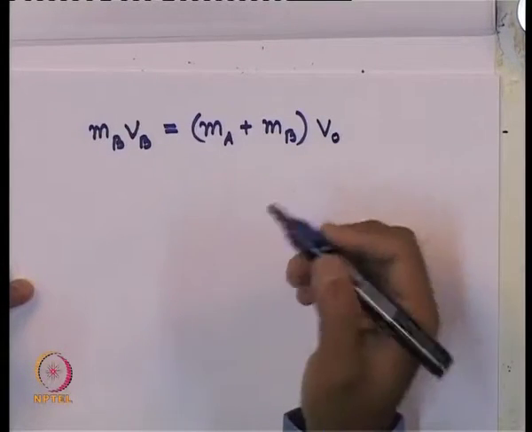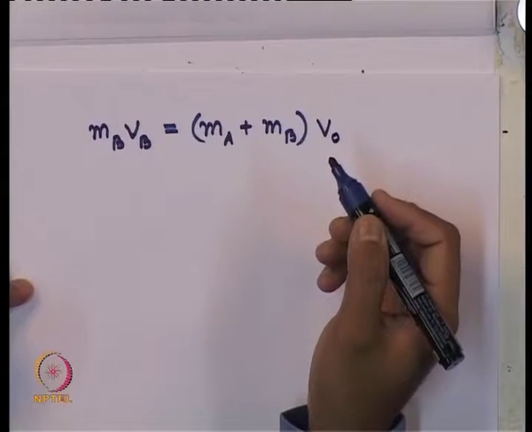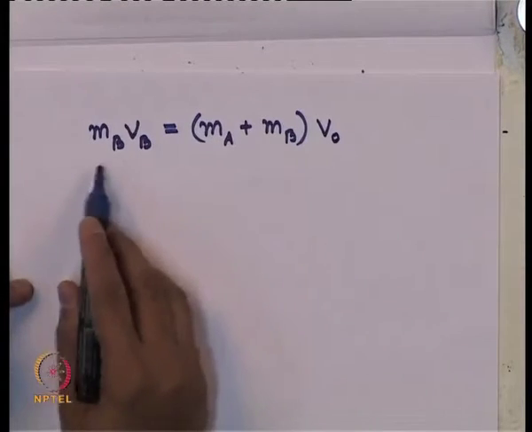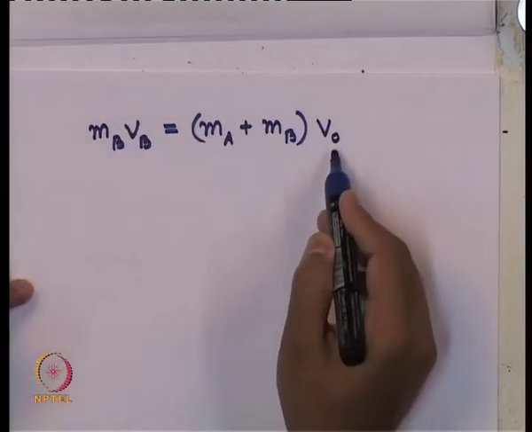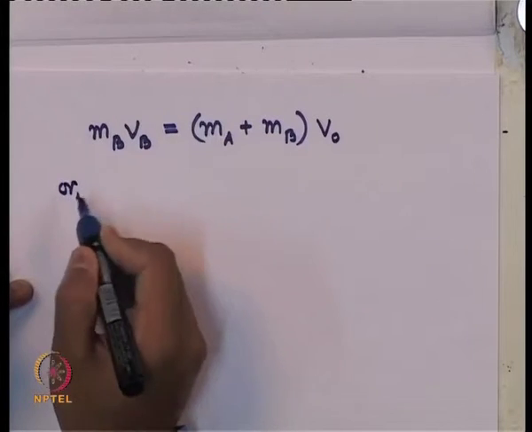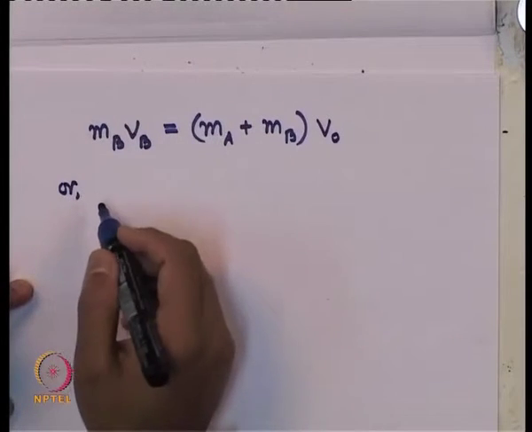This is the initial velocity for the vibrating system. In this, all parameters are known except V naught. So, let us put the values here.